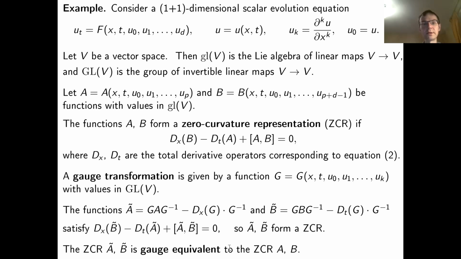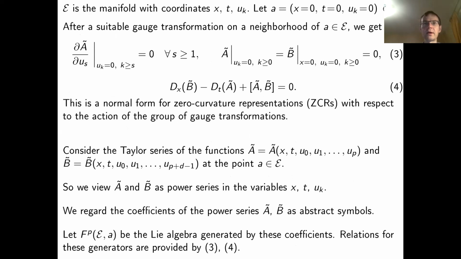Right. So two zero curvature representations are gauge equivalent if they lie in the same orbit of the action of this group of gauge transformations. Now one can try to use gauge transformations in order to simplify the form of a given zero curvature representation.